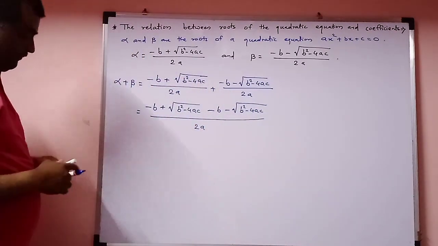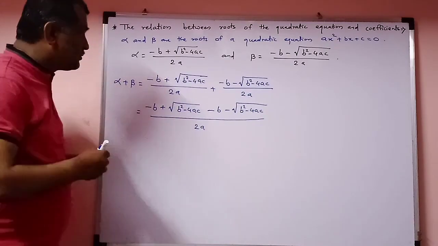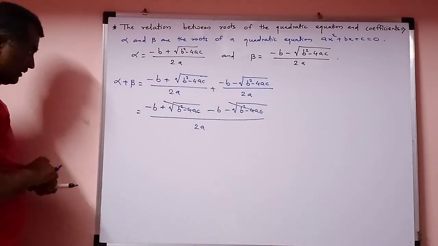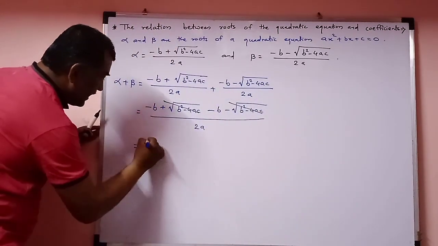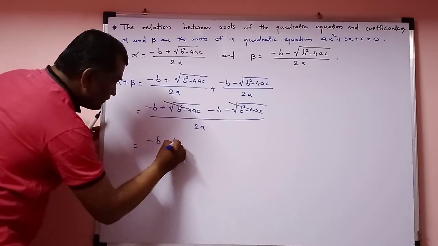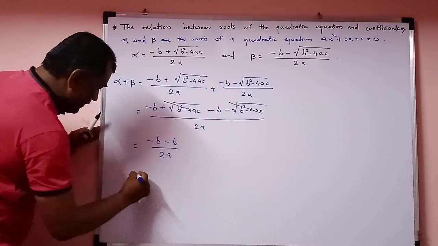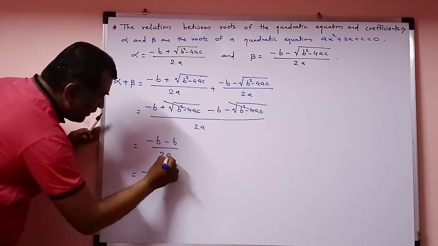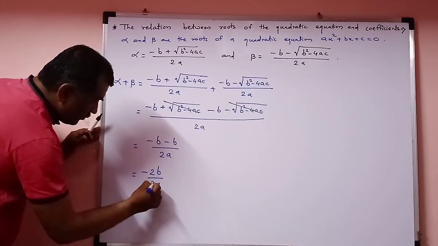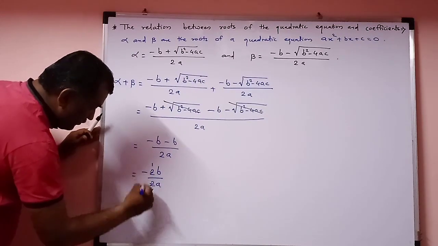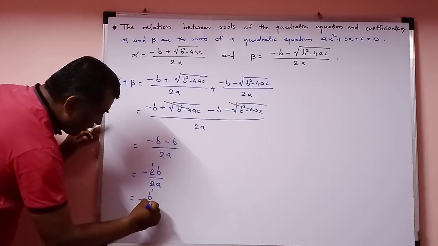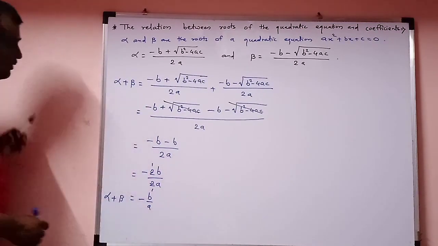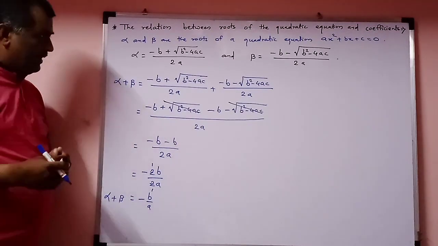Now see what cancels: plus square root of b square minus 4ac minus square root of b square minus 4ac, cancel. This is equal to minus b upon 2a, minus b, minus 2b upon 2a. 2 1s are 2, 2 1s are 2, value minus b upon a. Addition of the roots of a quadratic equation, alpha plus beta is equal to minus b upon a.